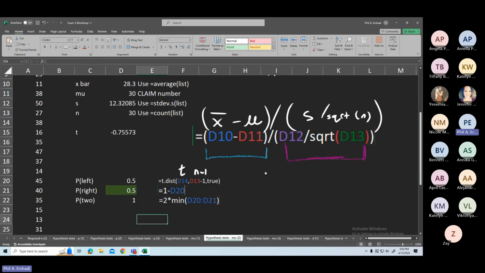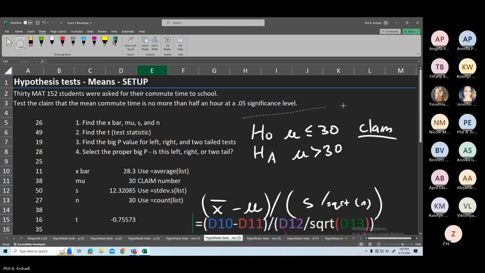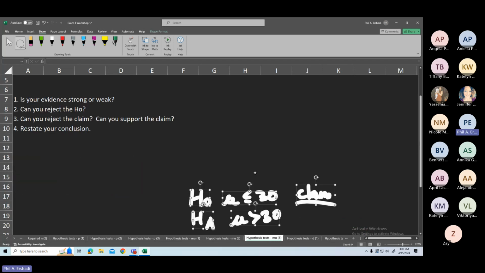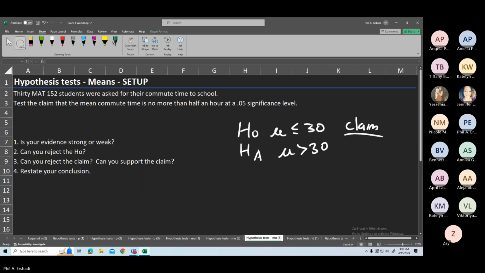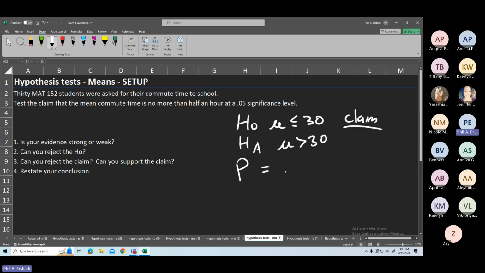So now let me copy over the information that we know onto the next slide. Move this where it belongs. And we will write that big P was 0.5. So let's compare big P against alpha. Big P was 0.5, alpha was 0.05.